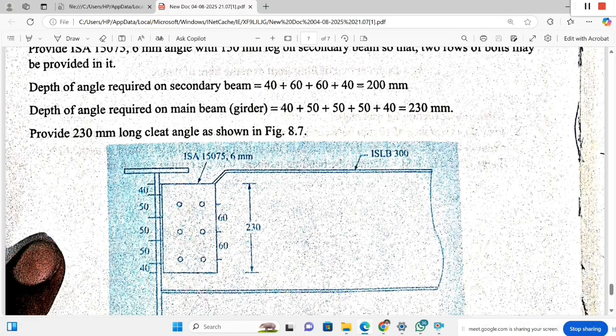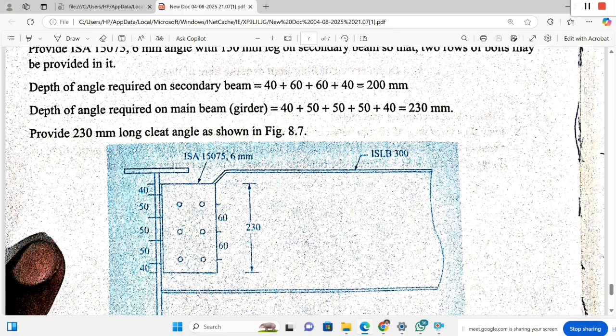This is the diagram here. This cleat angle you have to design. First you have to design the shearing strength of the bolts, the bearing strength of the bolts, and the shearing strength in double shear, for the bolts used for connecting the cleat angle to this. This is the secondary beam, ISLB 300. It has a UDL.